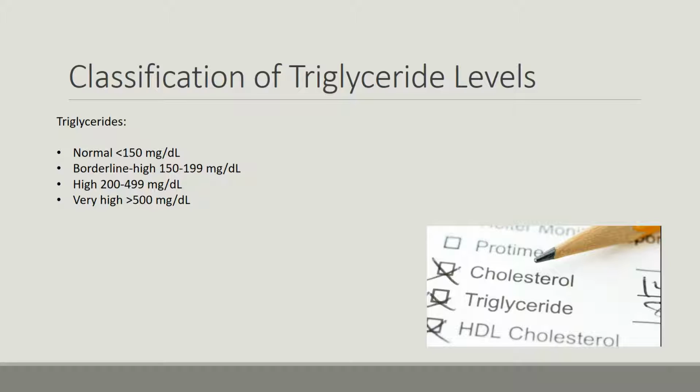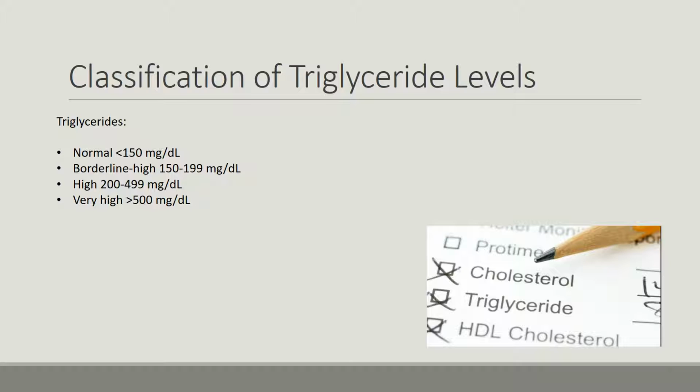A high serum level is going to be 200 to 499 milligrams per deciliter. And a very high serum level will be greater than 500 milligrams per deciliter of triglycerides. There's a little bit of debate whether borderline should be eliminated or not.